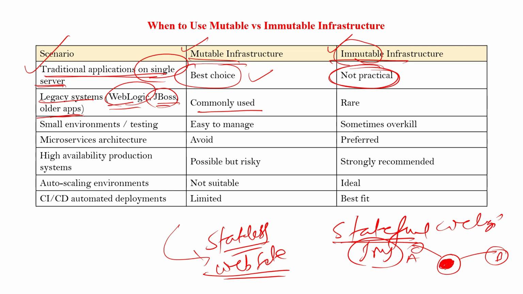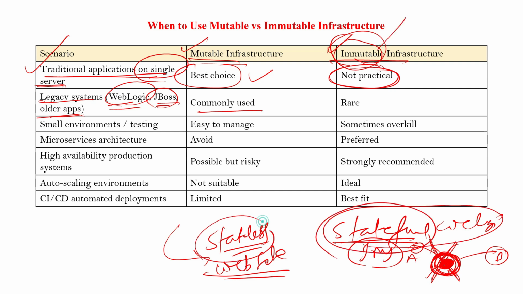That means some messages are getting stored in your application server. So you cannot go with the immutable, because if you destroy your machines for small changes, then the messages will get destroyed. So for stateful applications, we do not go with the immutable. For stateless, we can go with the immutable.